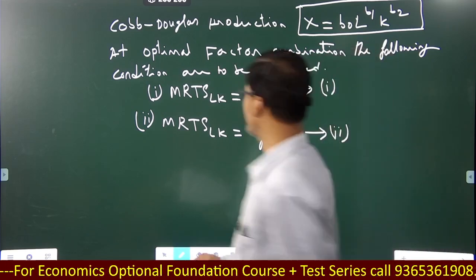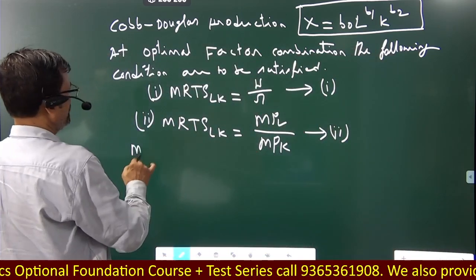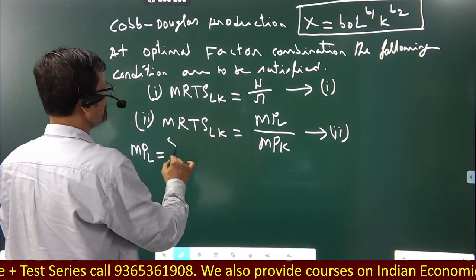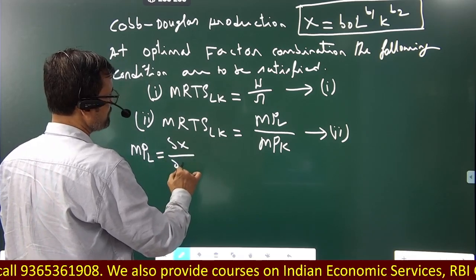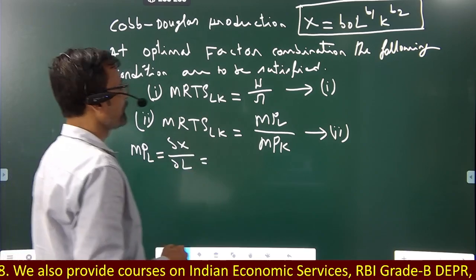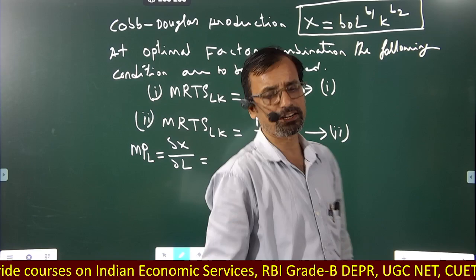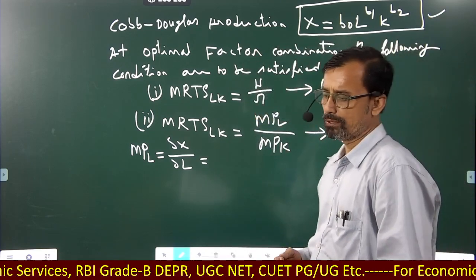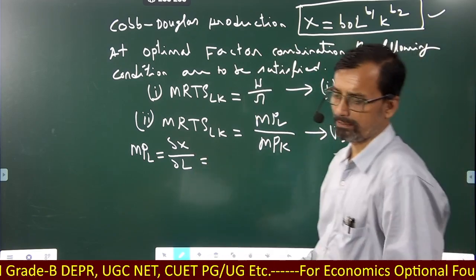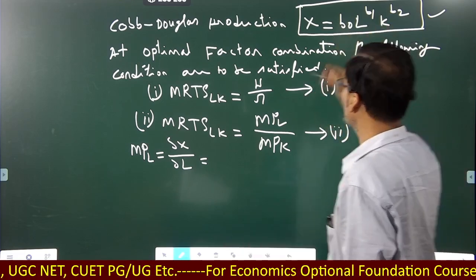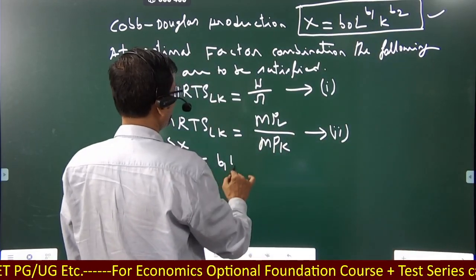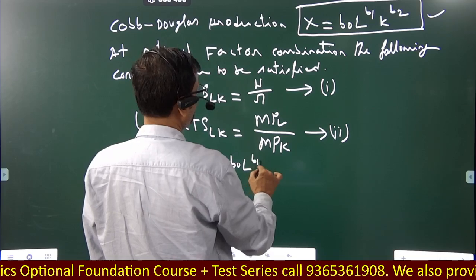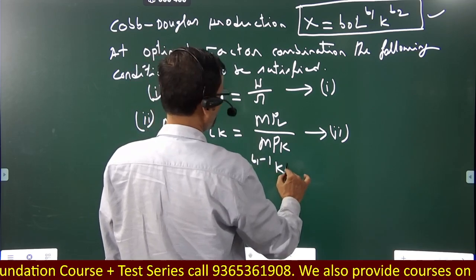First, find the marginal product of labor. It will be the differentiation of x with respect to labor. So when we differentiate, B1 comes here: B1, B naught, L to the power B1 minus 1 and K to the power B2.